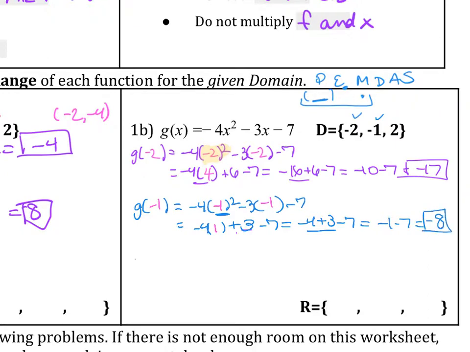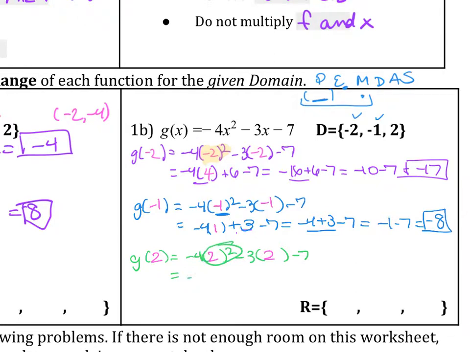Let's do the last one. G of 2. And so that equals negative 4 times 2 squared minus 3 times 2 minus 7. So we do the exponent first here.